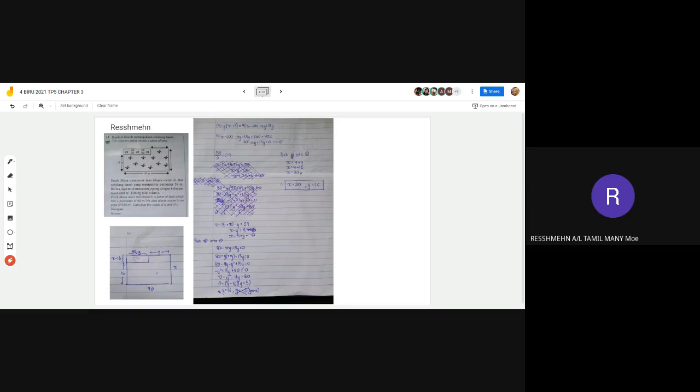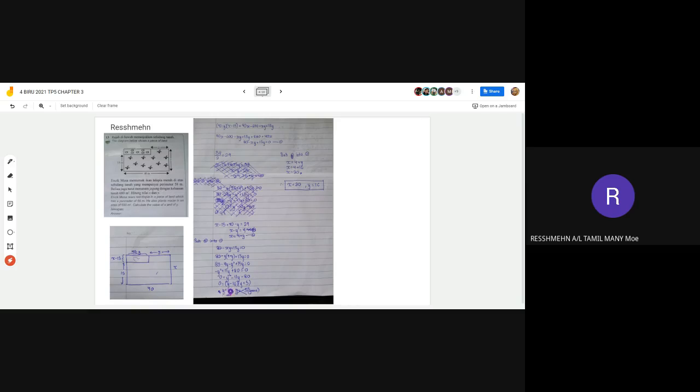We'll get y equals 16 and y equals negative 5. I ignore negative 5 because there won't be any negative in length. So the answer will be y equals 16.